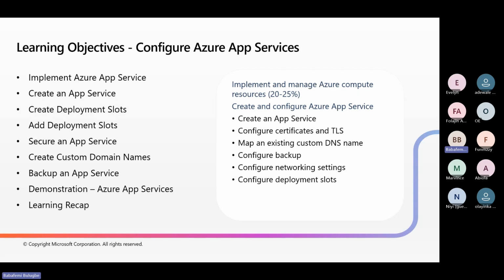Can we add a custom domain to this app service instead of having something like an Azure generated domain? You want to have something like it360ng.com, devopsng.com. That's what this is talking about. Then how do we back up an app service? Then you can look at the demonstration on how to create an app service.